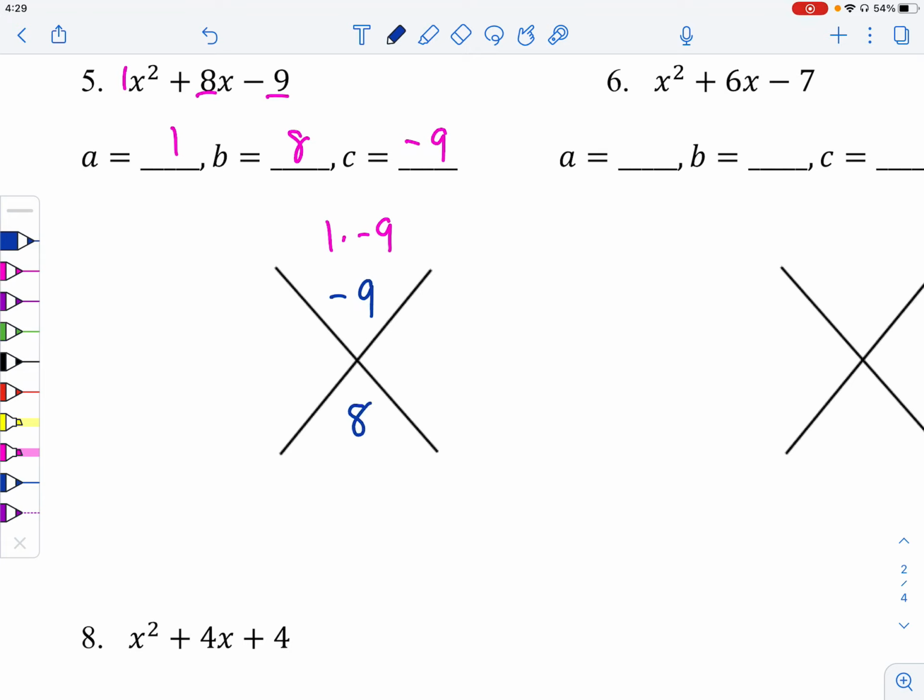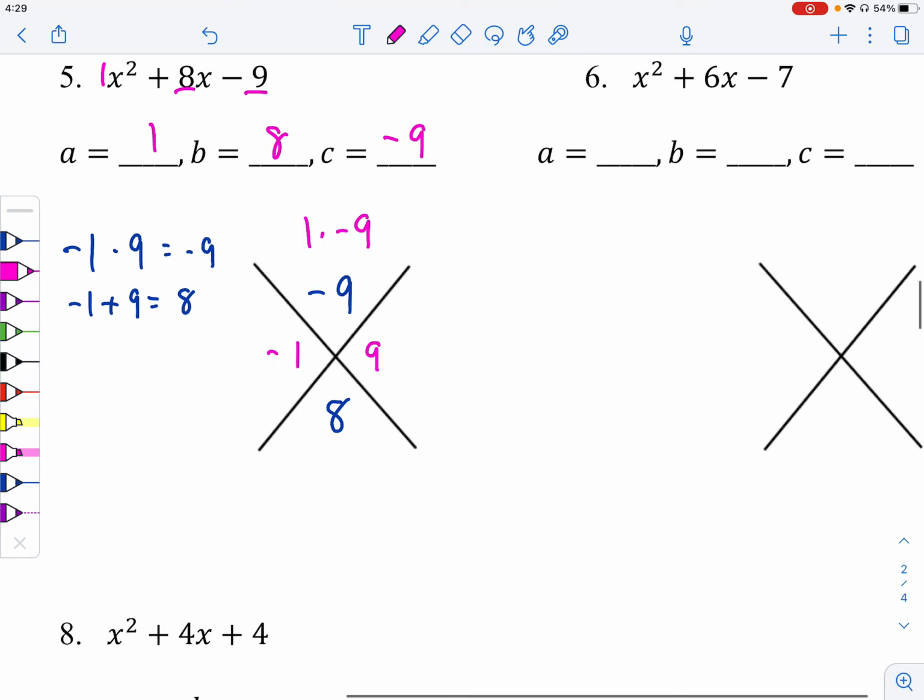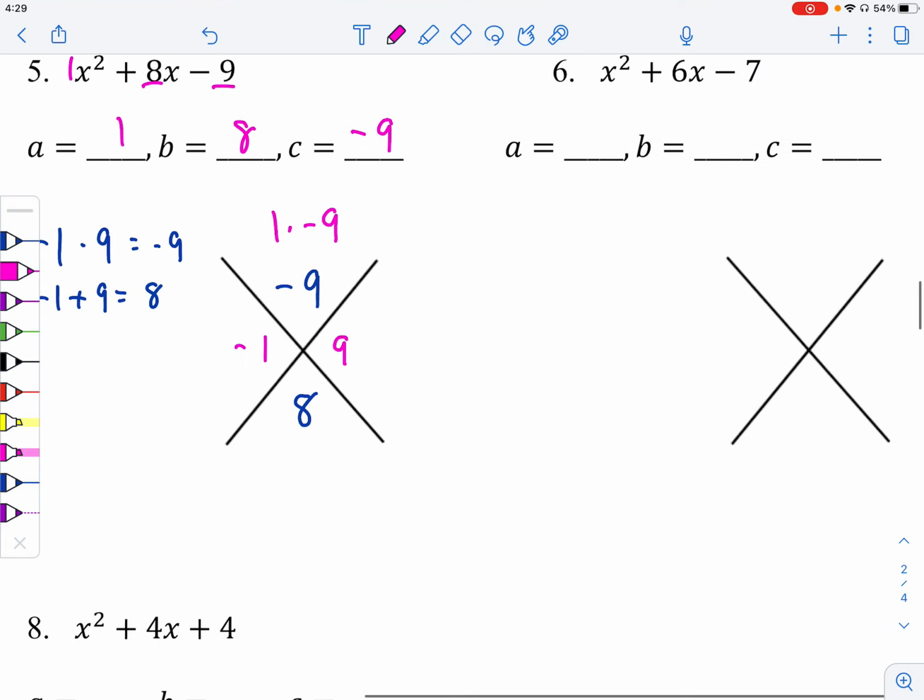Factors of negative 9, we have what? Negative 1 and positive 9. Does that add to 8? Yeah, it does. Negative 1 plus 9 is positive 8. So that works. So those are the two numbers, negative 1 and positive 9.